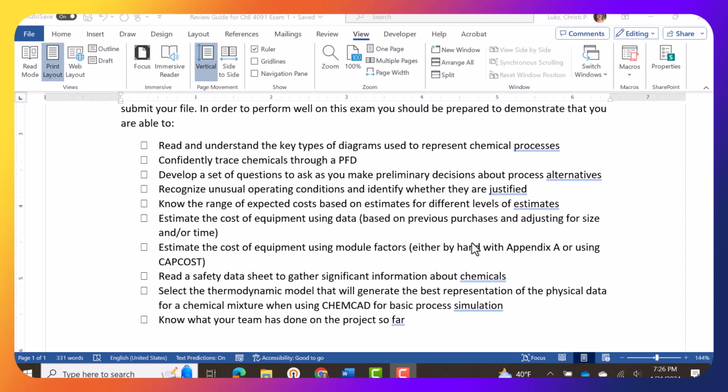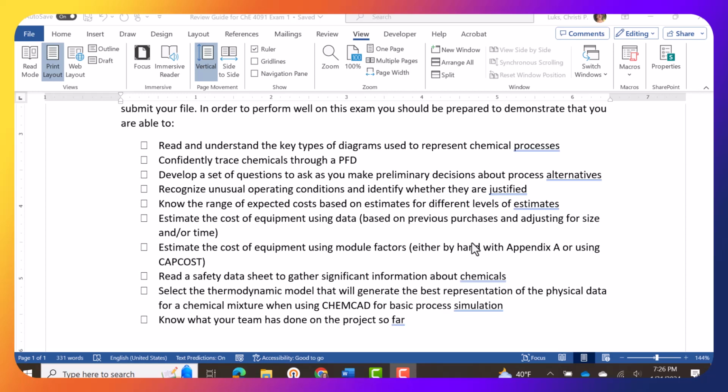So then we moved into studying a little bit of economics, and so we were working on capital costs. That will be the largest portion of this exam. So you need to know how those estimates relate to the actual expected cost for the different categories of estimates related to how much effort we've put into our design at that point.